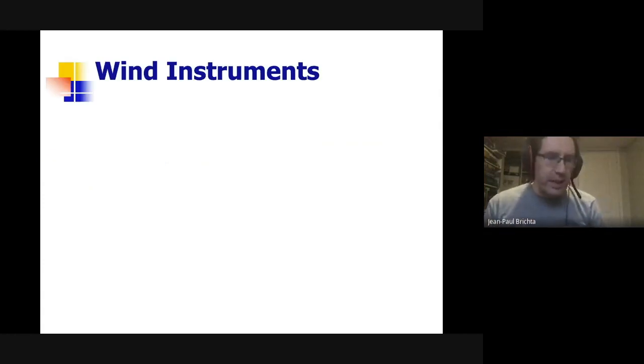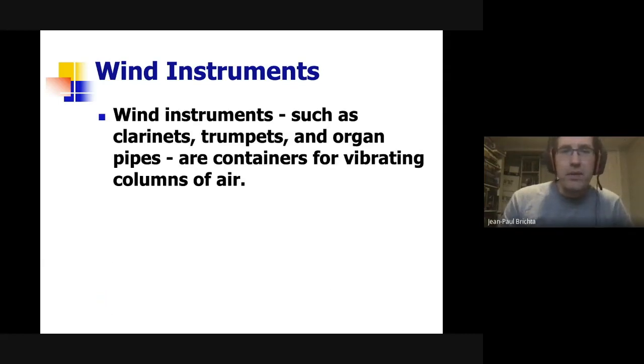Within musical instruments, there are obviously a whole variety of them, but one that can be described as an air column is wind instruments. For example, clarinets, trumpets, organ pipes. Hardly anyone plays those. But the idea is that you have some kind of column or cylinder, although it could be bent into a strange shape, like a trumpet, and there's going to be some kind of wave inside of it that vibrates the air.